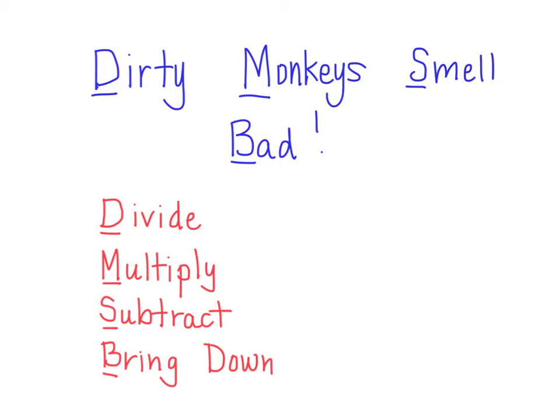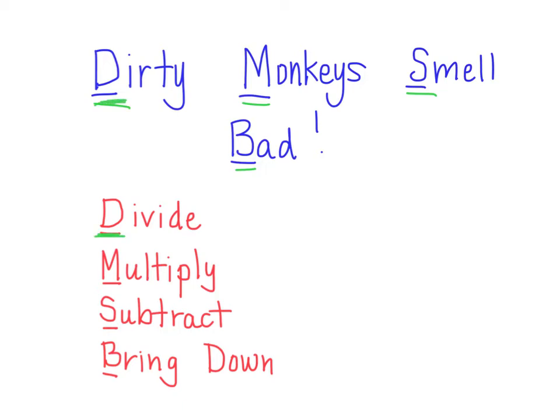Well, hopefully it will bring to mind the saying that will help us remember the process of going through the division algorithm. So there's a little saying, dirty monkeys smell bad. And if you think about Curious George and him being dirty, and think about him smelling bad, hopefully this will help you remember the steps and the procedure to go through division, because the D in dirty stands for divide.